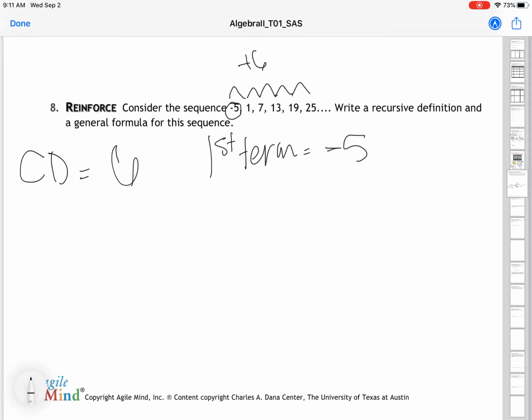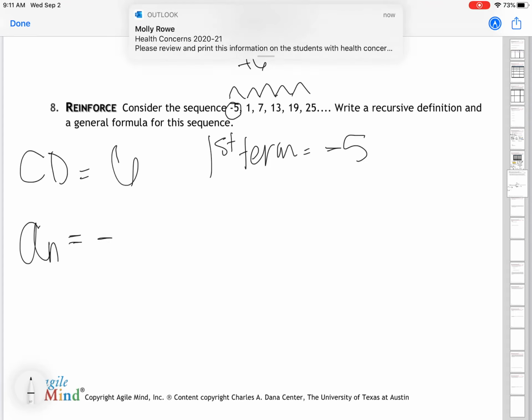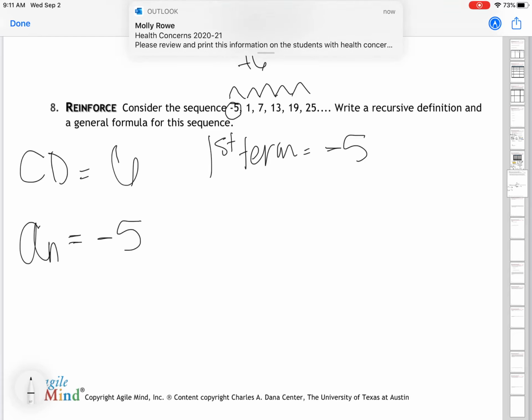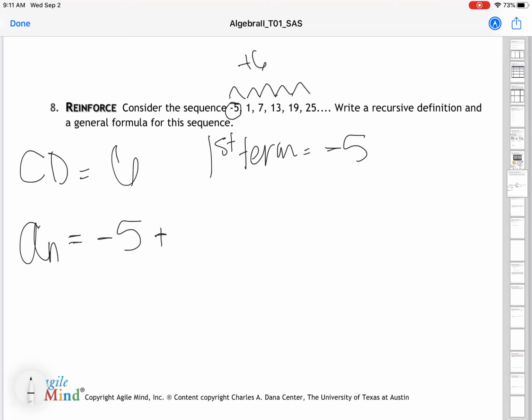For one of them, I'm saying a n equals -5, okay, it's my first term, plus my common difference, n minus 1, okay? So that's one of them.